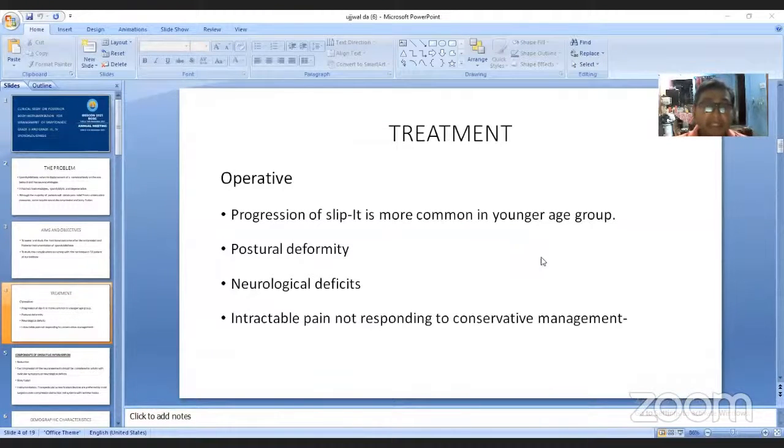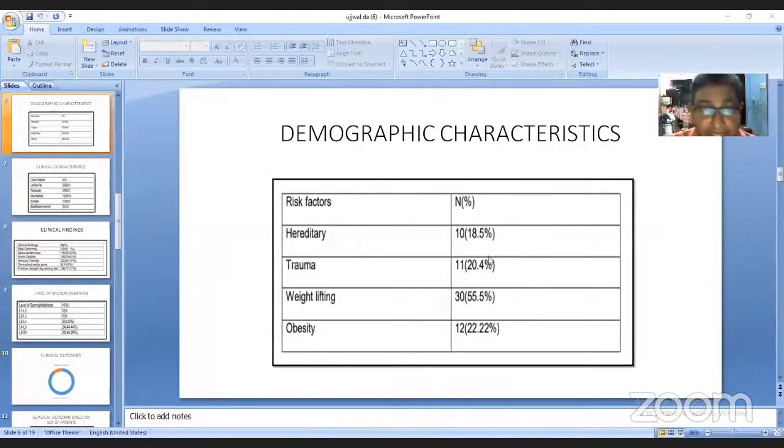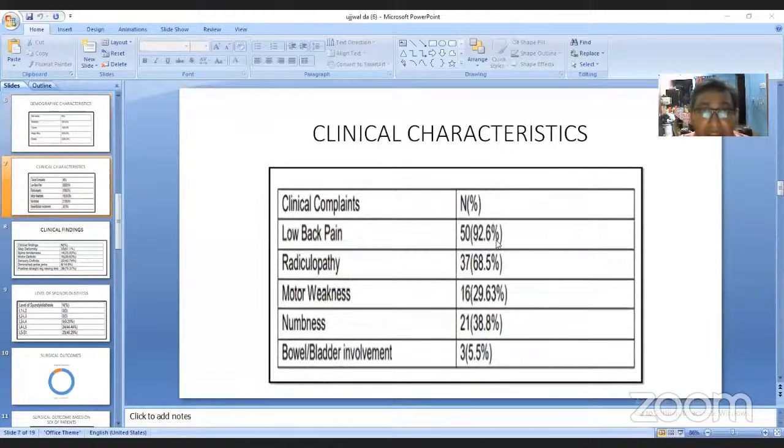The operative treatment indications are compression of slip, structural deformity, neurological deficit, and intractable pain not responding to conservative management. Components of operative intervention are reduction, decompression, bone fusion, and instrumentation. The risk factors are hereditary, trauma, weightlifting, and obesity.